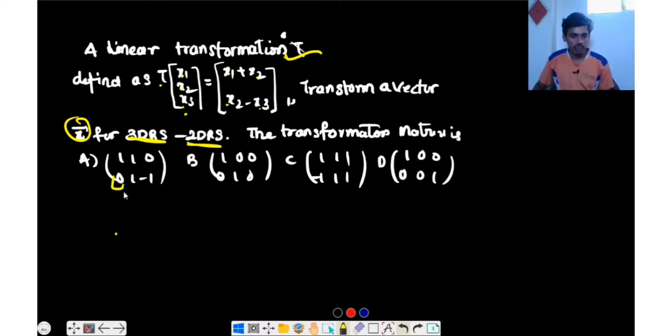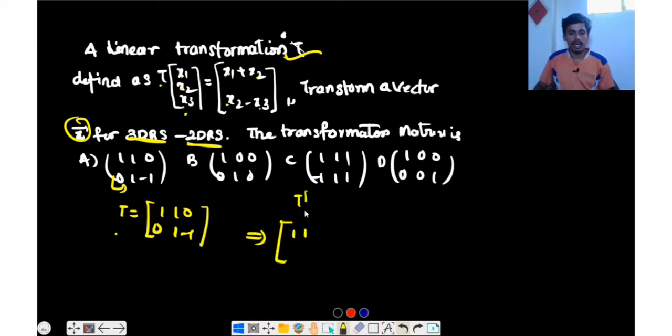I will choose the first option, A. T is equal to 1 1 0, 0 1 minus 1. Now we'll multiply T with x, that is 1 1 0, 0 1 minus 1 multiplied with x1, x2, x3.